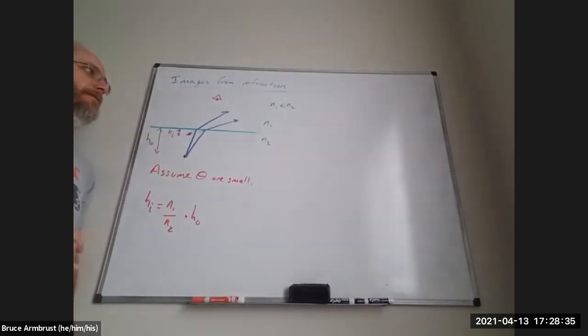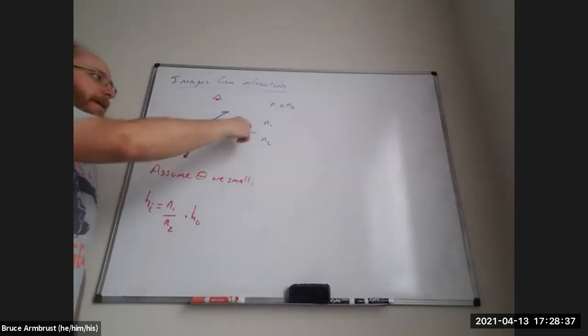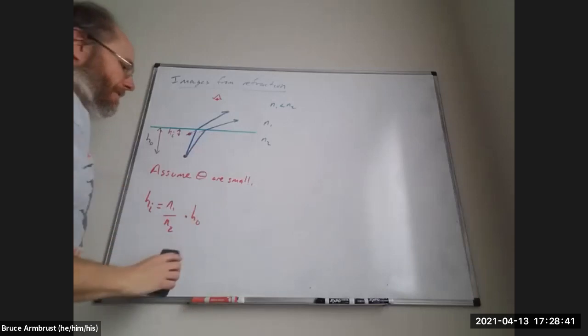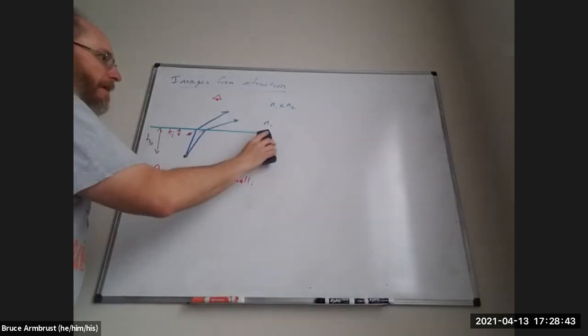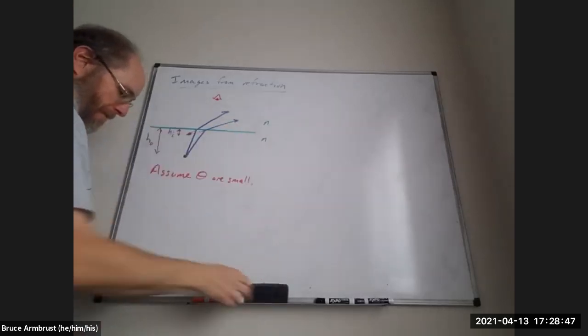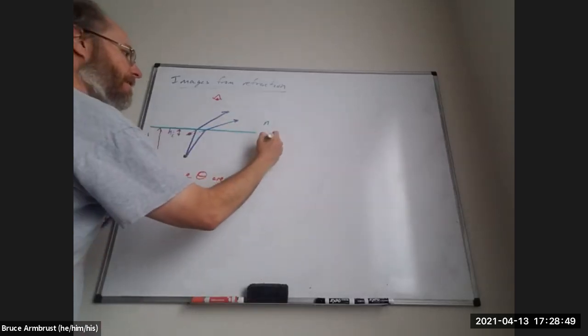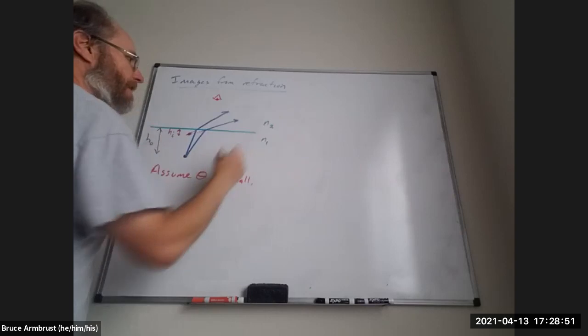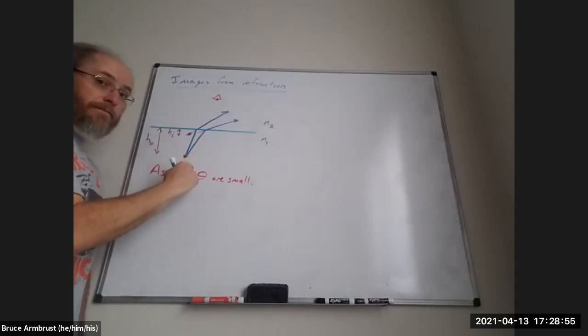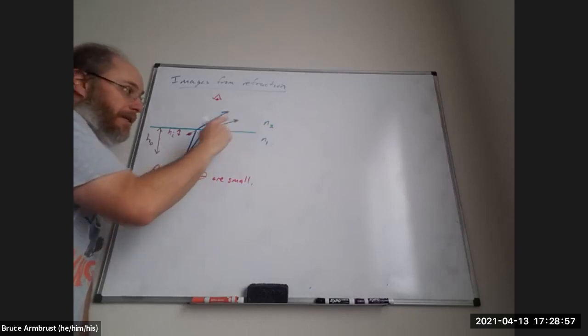Just realize that when I set this up, I'm saying N1 is where we're, oh, you know what? I want to do this. And I apologize. I'm actually going to call these N1 and N2, where N1 is the water, and N2 is the air.